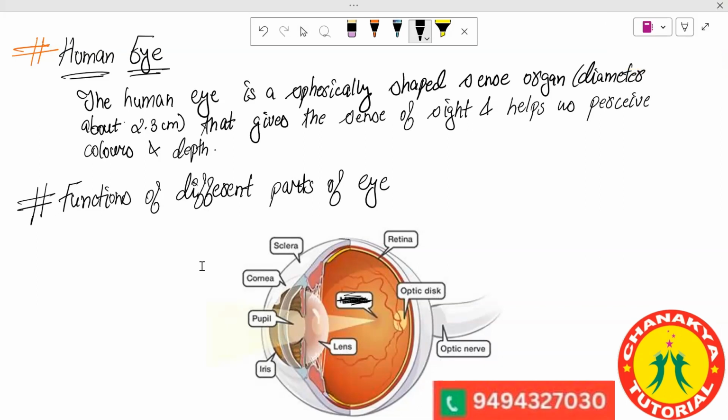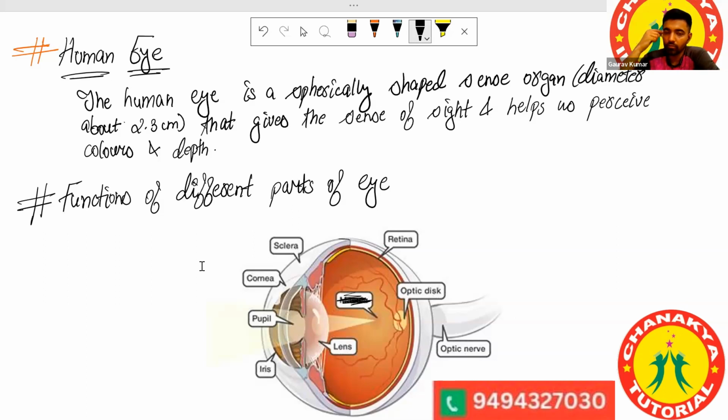This cornea protects the eye from dust, because when dust rubs the eye, it gets scratches. So this protective layer protects the eye from foreign elements.